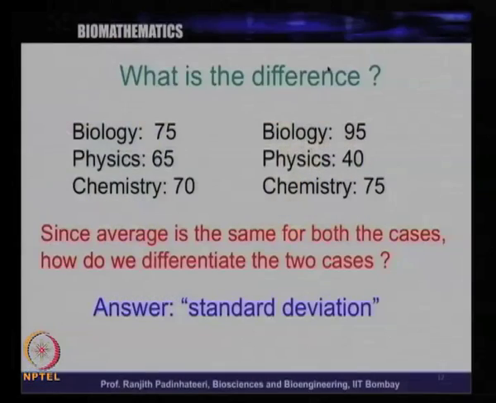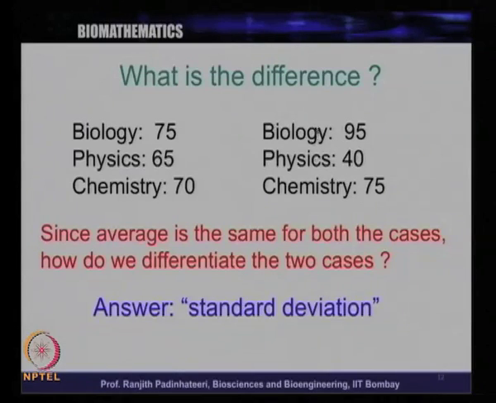If you tell the full marks, you will see that this gives you the full information, but just by saying you both got average 70, you are hiding the fact that you are equally good in everything and your friend has some extremes, like very bad in physics and very good in biology.